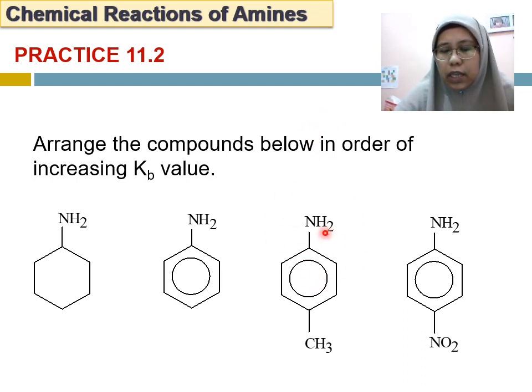So the basicity increased because the ammonium ion is more stable. So this compound would become number 3. Okay, it's the second highest. The highest would be this one. This is a cyclic amine. This is a cyclohexanamine. It has the highest basicity in this question because it is not an aryl amine.